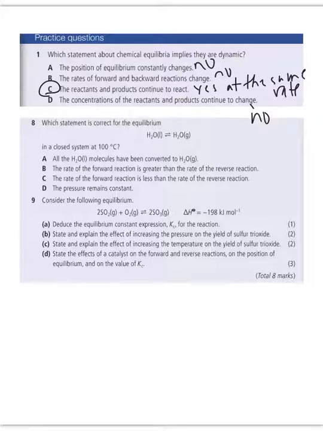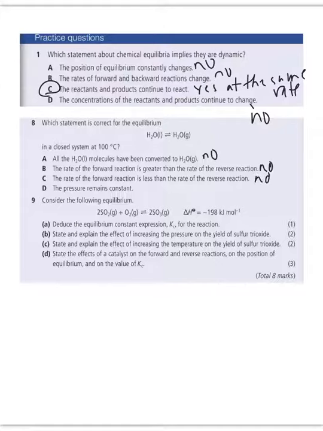Number 8, which statement is correct for the equilibrium in a closed system at 100 degrees? All the H2O liquid molecules have been converted to H2O gas. No, not all of them. There's a balance between forward and reverse reactions. The rate of the forward reaction is greater than the rate of the reverse reaction. Nope, and it's not less either.